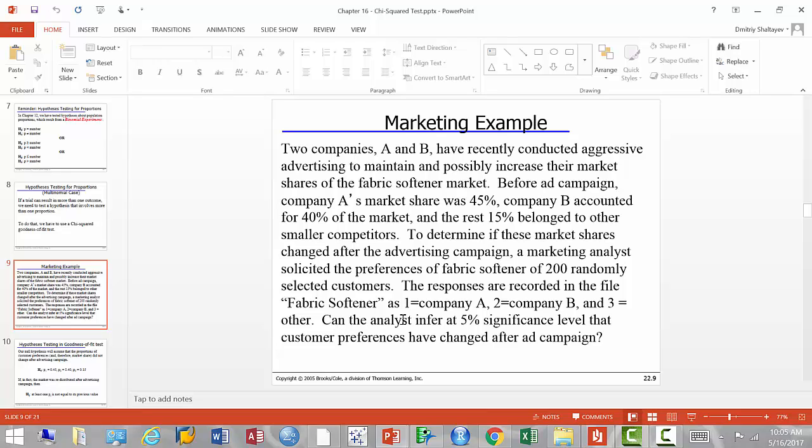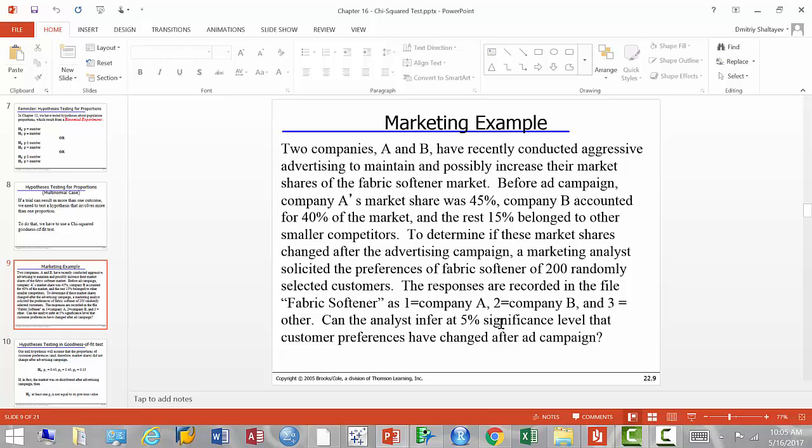So here is the punchline, right? Can we, after analyzing that sample of responses, conclude at 5% significance level that customer preferences have changed since before the advertising campaign? So see, the way the question is formulated right now, it's not really asking you, did company A gain the market share, right? Or did company B lose the market share? Or maybe A and B both gained because they advertised, right?